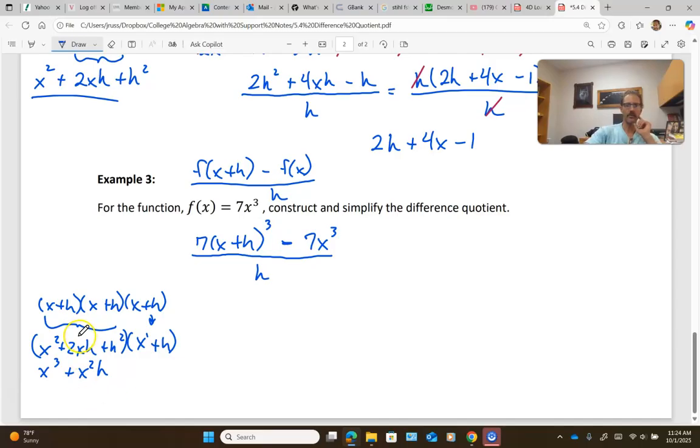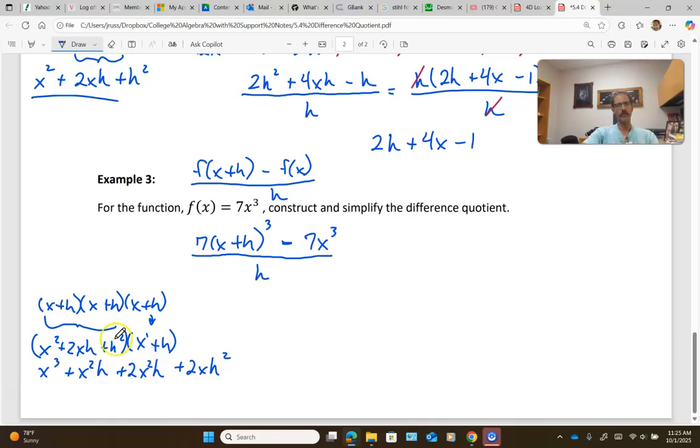And then you're going to distribute your 2xh. 2xh times x will be 2x squared h. You've got to be careful here. Pay attention to what you're doing. 2xh times h will be 2xh squared.